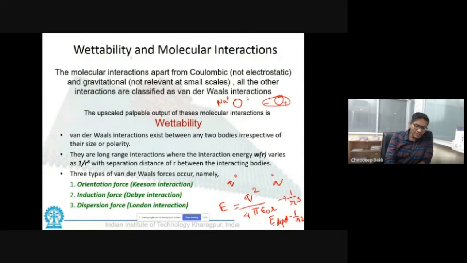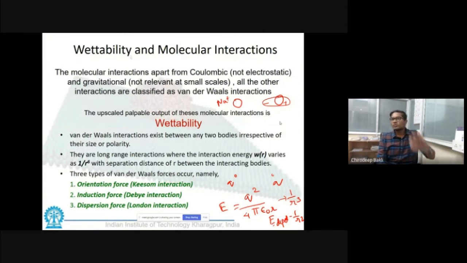And finally, dispersion interaction is when one local charge distribution in the system is interacting with another local charge distribution. So the system is as such neutral. Imagine it's methane, which is very well distributed, C with 4 H in 4 directions.